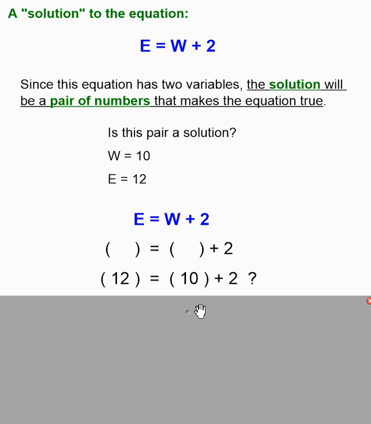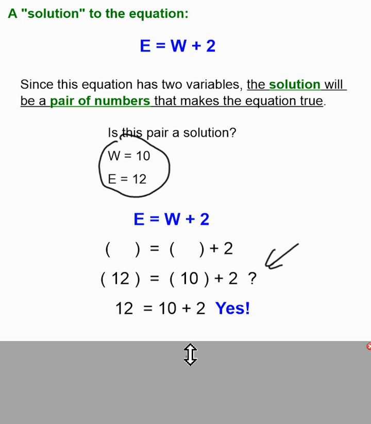And then you just plug in the numbers in their proper spot. So remember, we're checking to see if this is a solution. And so we put 12 in for E and 10 in for W. And then we're asking, we're not saying yet that this is true, we're asking whether it's true. Turns out it is true, so we know this pair is a solution to the equation.